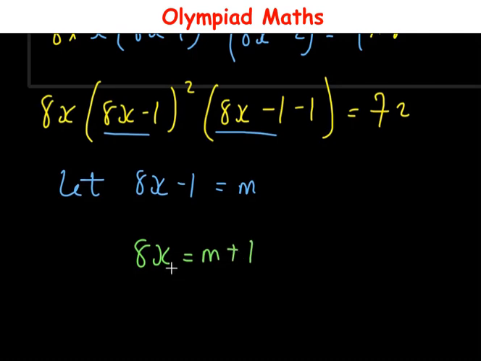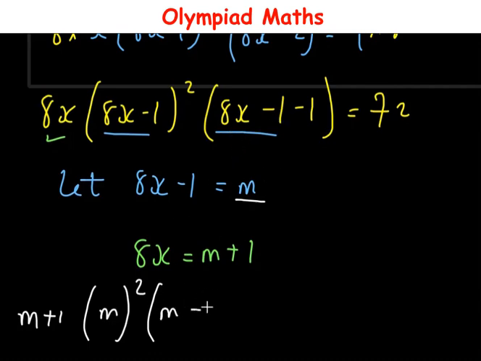And in place of 8x right here, we'll bring in m plus 1, such that this equation becomes 8x, which is m plus 1, then multiplied by 8x minus 1, which is m, so m all squared, into bracket 8x minus 1, which is m, then we have minus 1.